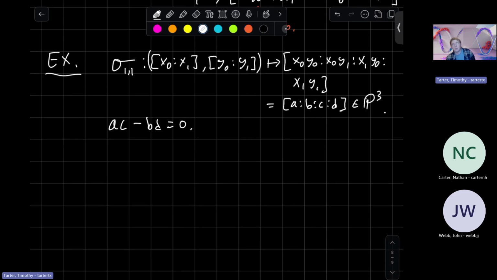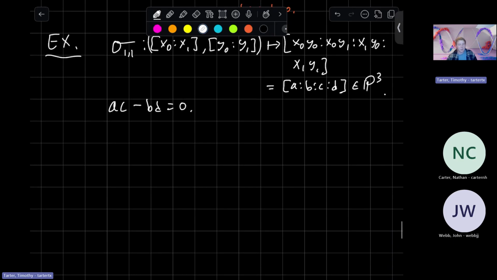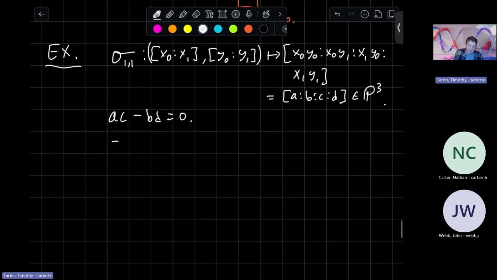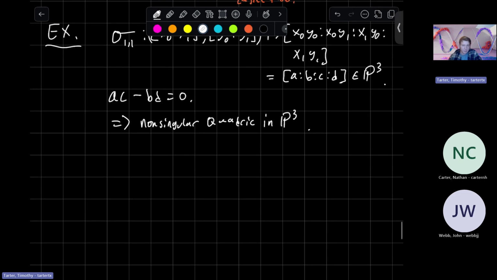If we view this as a determinantal variety, as the determinant of some matrix, this gives us the non-singular quadric surface in P3. I showed you above the non-singular quadric in P2; this is just moving up a dimension.